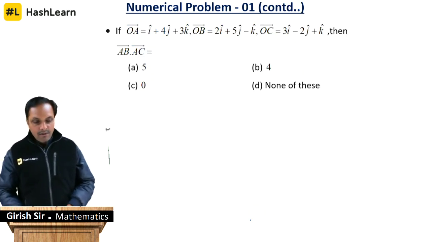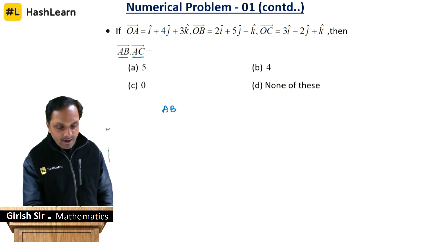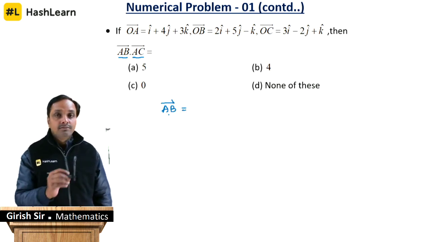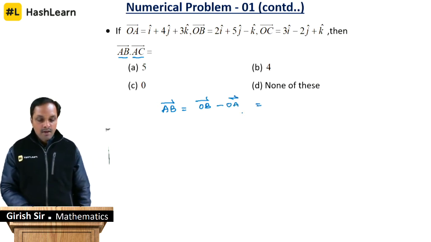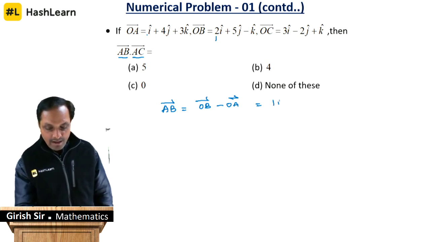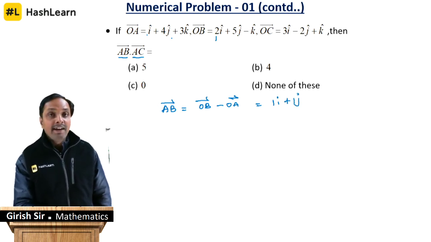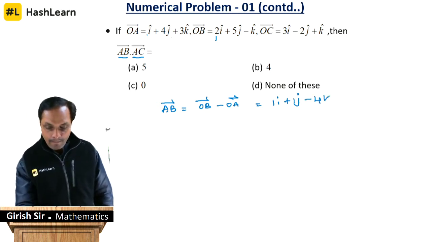Before finding AB dot AC, we need to find the AB vector. What is the AB vector? OB minus OA. So this is 2 minus 1 is 1i, 5 minus 4 is 1j, minus 1 minus of minus 3 will give you minus 4k.